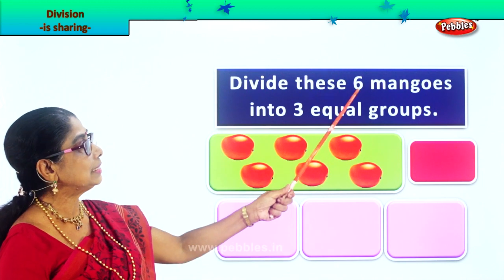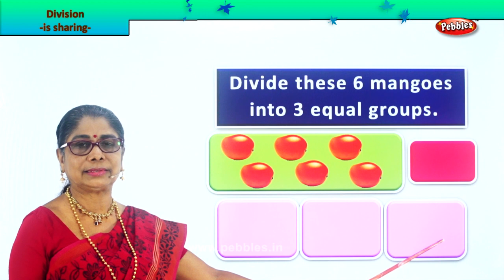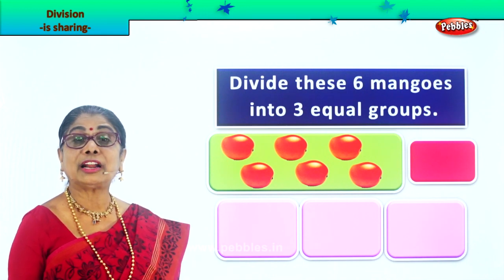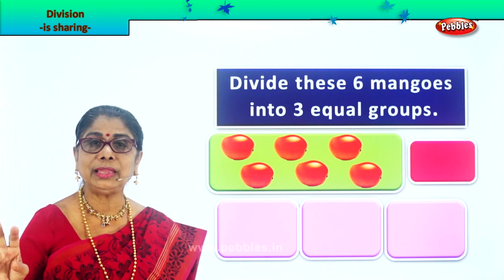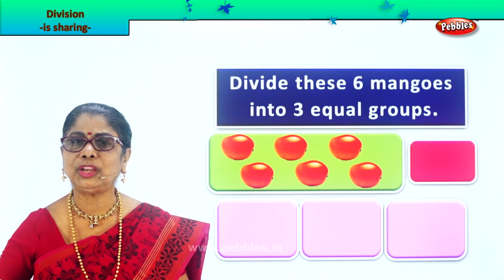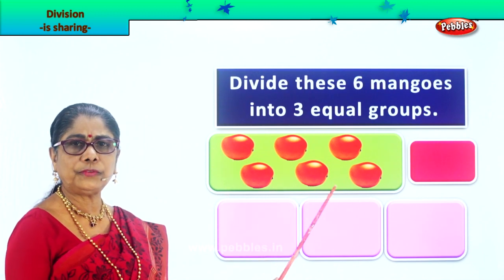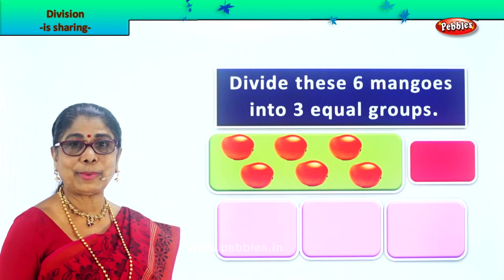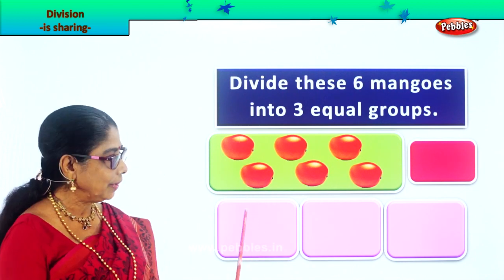We are given 6 mangoes and we are given 3 trays. We are asked to divide 6 mangoes into 3 equal groups, equal sharing. Let's count. 1, 2, 3, 4, 5, 6. 6 mangoes in the box. There are 3 trays.